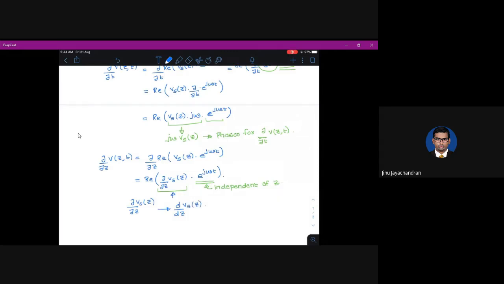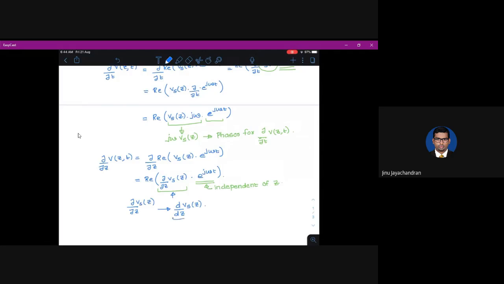Okay, because previously we have done partial differentiation because there are two variables in that parameter, which are Z and T. But here in this case, you see Vs of Z is only a function of Z. So I can write ∂/∂Z Vs of Z as d/dz Vs of Z, because partial differentiation and normal differentiation are the same when the same variable is being differentiated.